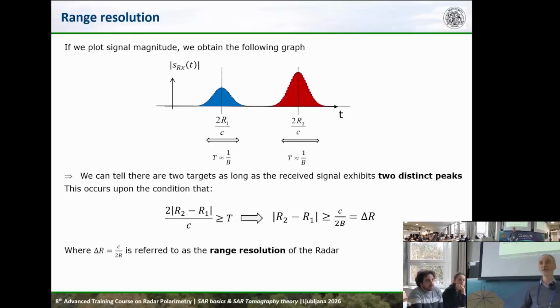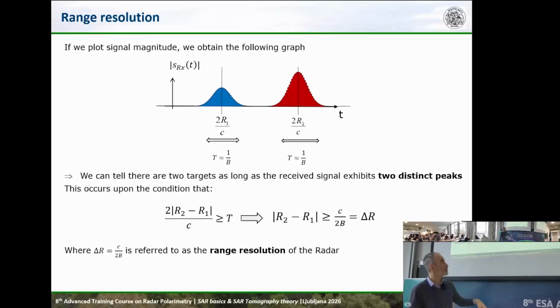So we can resolve two targets simply because they are at different distances from the radar, as long as the difference of the two distances is larger than this parameter that we call the range resolution of the system, and that is given by C over 2B.